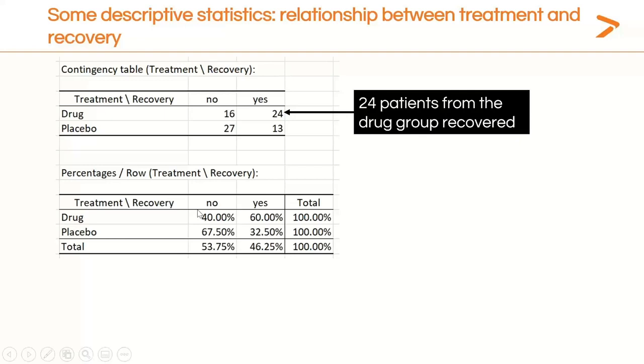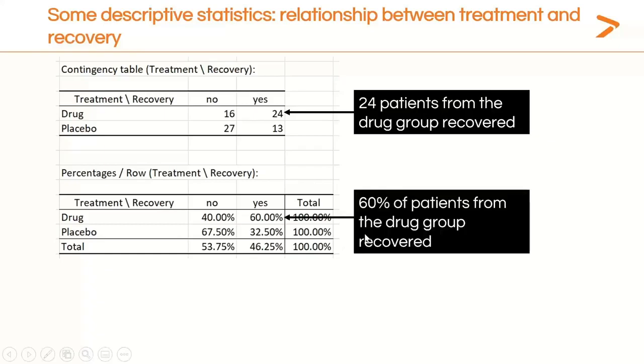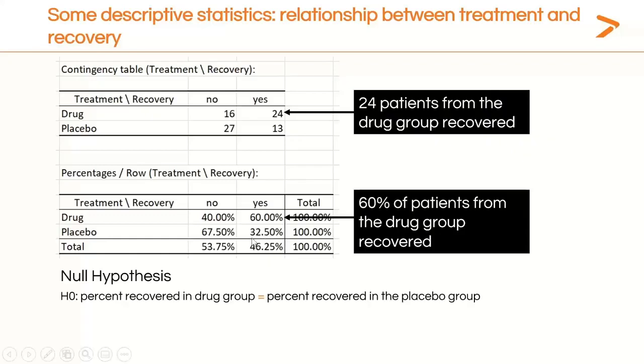We can also express things in terms of percentages, which can be a bit more interesting and a bit more readable. So, for instance, 60% of patients from the drug group recovered. And on the other hand, in the placebo group, only 32% of patients recovered. Now, the statistical test involved also has null and alternative hypotheses.